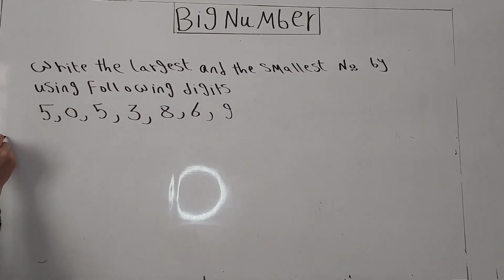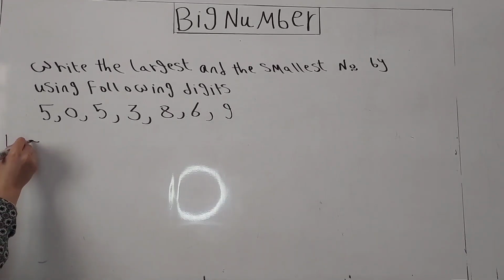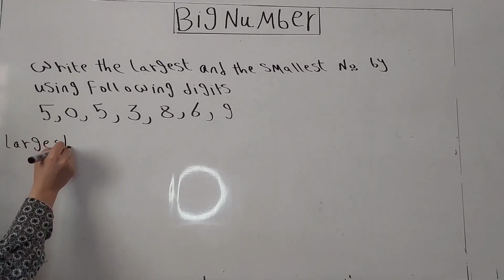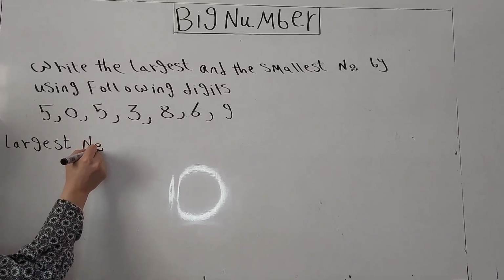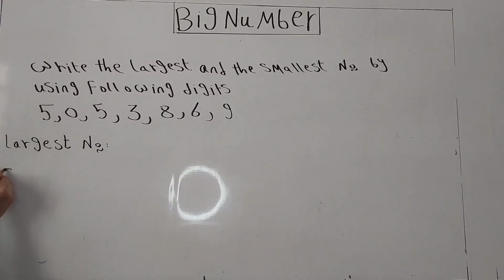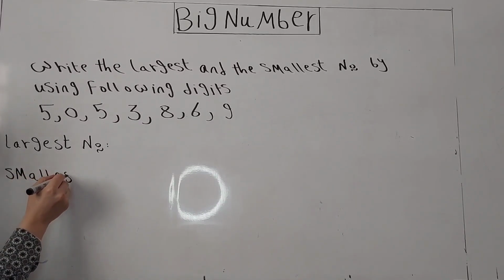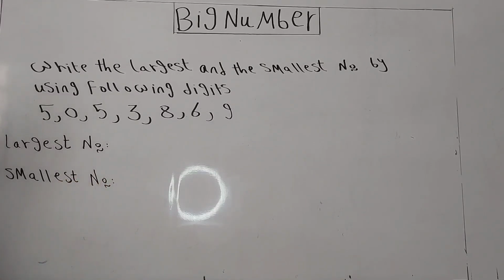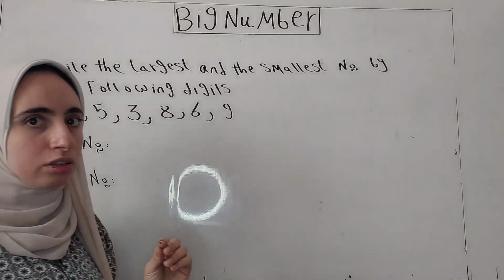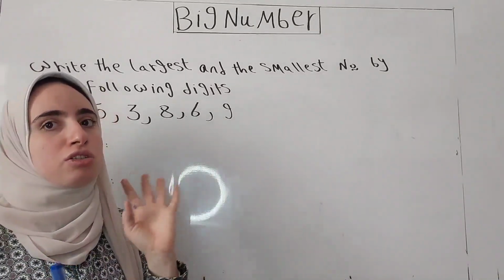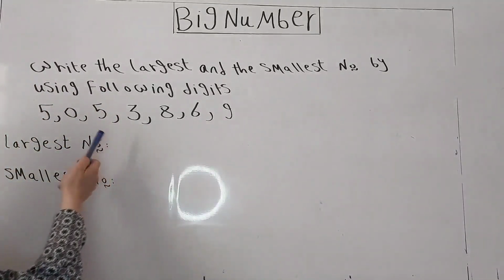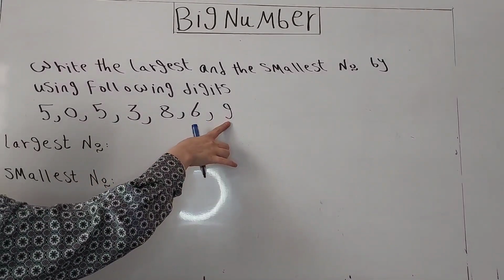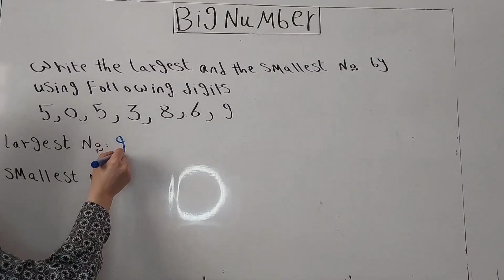We need to find the largest number and the smallest number. To write the largest number, we start from the largest digit. Which is the largest digit? The digit 9.